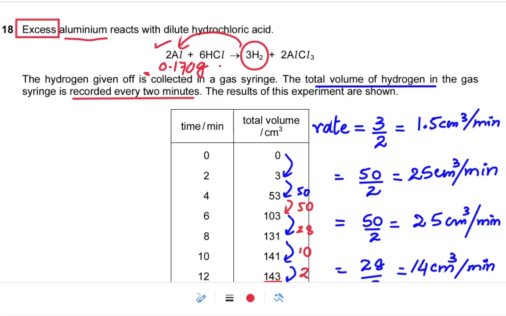So this answer seems correct, that this hydrogen will be produced by this aluminum. But the question should be read very carefully: excess aluminum is added. This is the aluminum which reacted in this reaction, but excess aluminum is added. We do not know how much excess amount he added during the experiment. While 0.170 gram of aluminum reacted, more aluminum was added in this reaction, that is the excess.